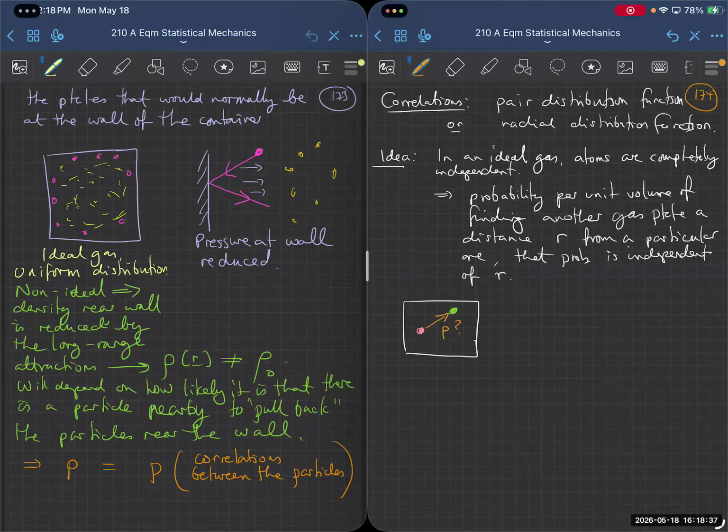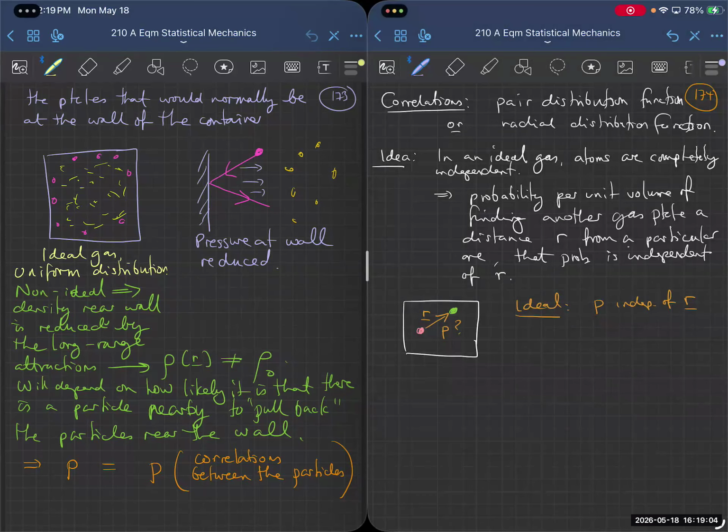The answer is that for the ideal gas, P is independent of this vector R, because the particles don't even see each other. So it's just a constant. The probability per unit volume is just the probability of finding another particle in that volume, which is just going to be 1 over the density. That's what you would expect for an ideal gas.